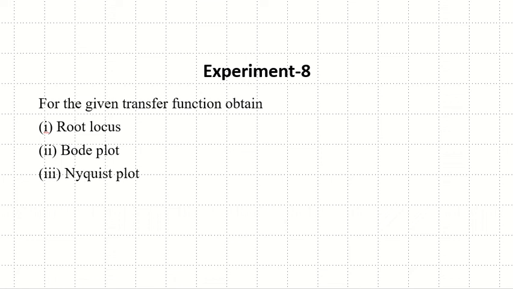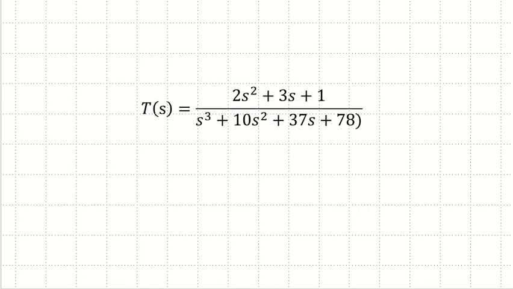So let me start by assuming a transfer function. Let us take an arbitrary transfer function which is given by the following expression. The transfer function has numerator 2s square plus 3s plus 1, and the denominator has a third order polynomial, s cube plus 10s square plus 37s plus 78, and this is equated to 0.